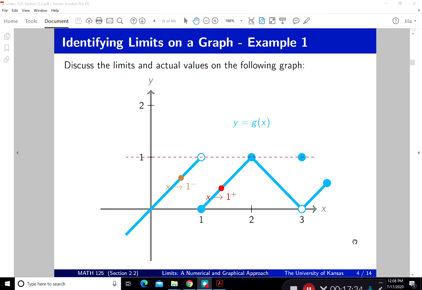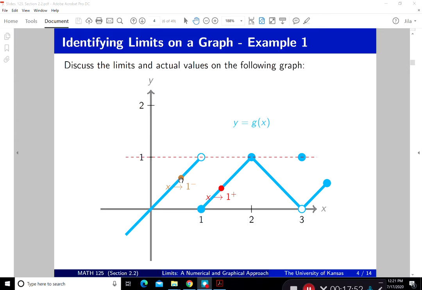So now, example 1, another example, identifying limits on a graph. Discuss the limits and actual value on the following graph. So we would like to discuss the limit and actual value on the following graph, basically.